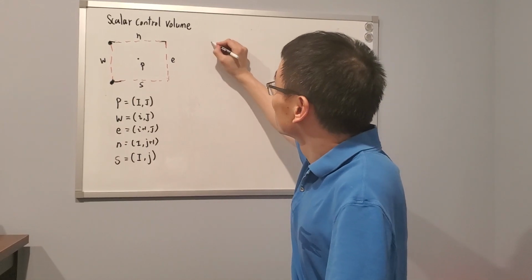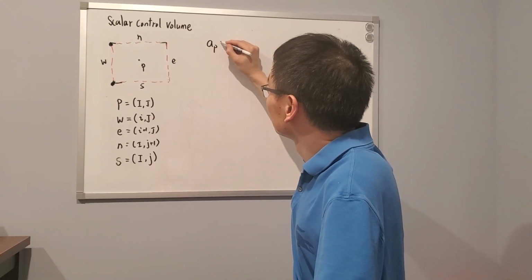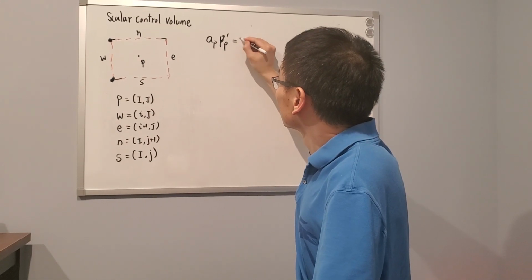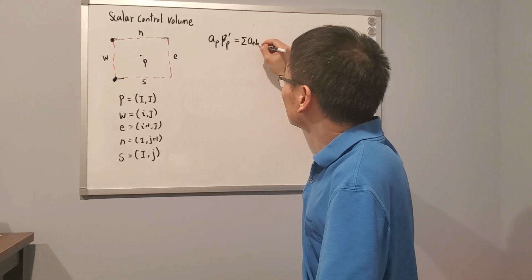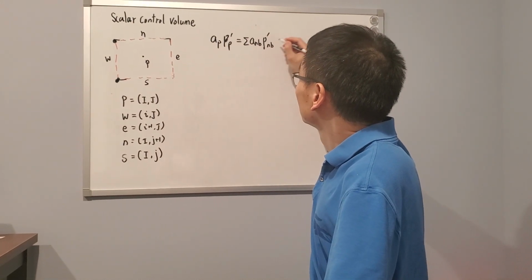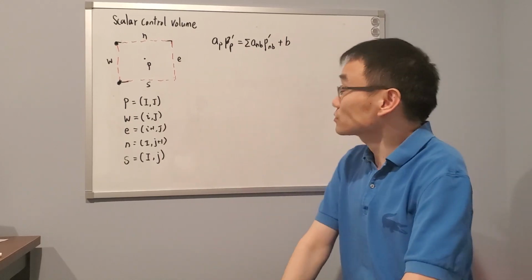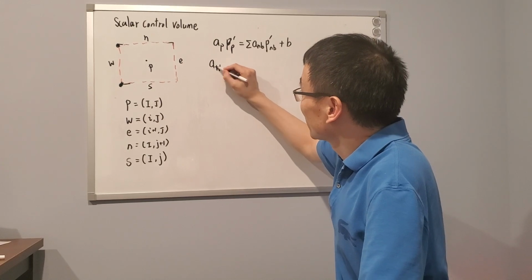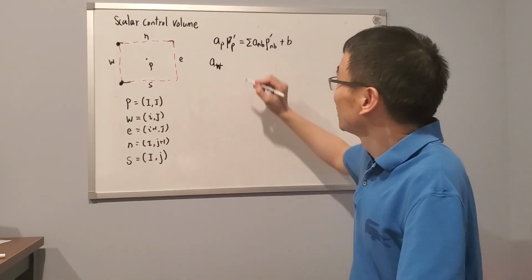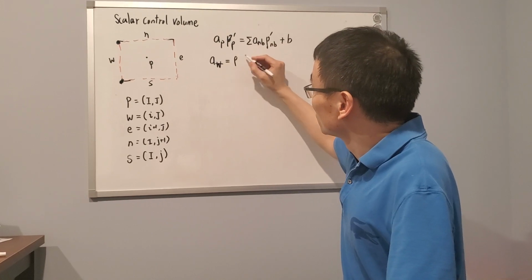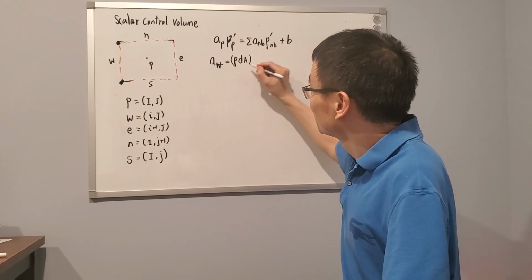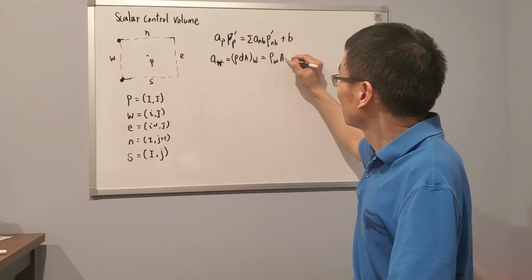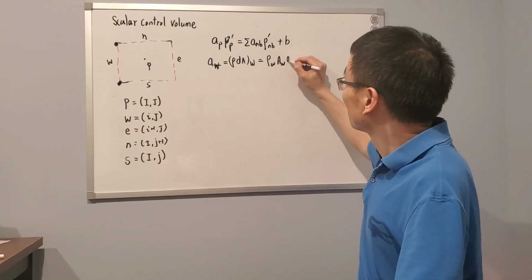So now we can set up one linear equation for this control volume in terms of the pressure correction. So what we have is AP P prime is the summation of a neighbor P prime neighbor plus B. All right, so again, let's define one a neighbor coefficient, starting from AW, and that will be rho dA W. We have rho W AW times dW.